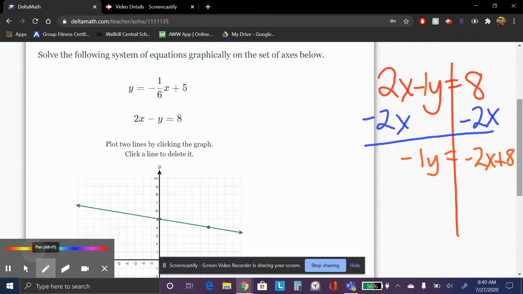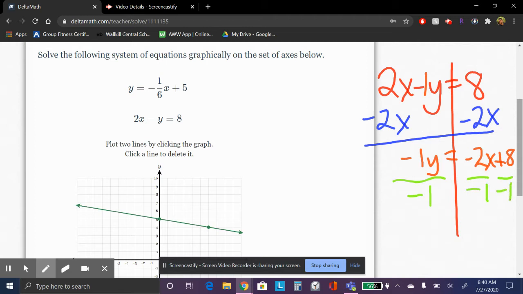To get rid of the negative, we have to divide both sides by -1. When you divide everything by -1, you get y equals +2. A negative divided by a negative is a positive 2.